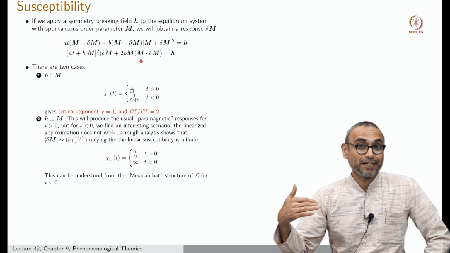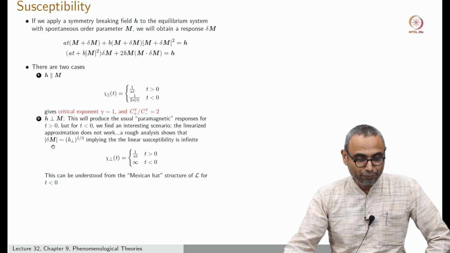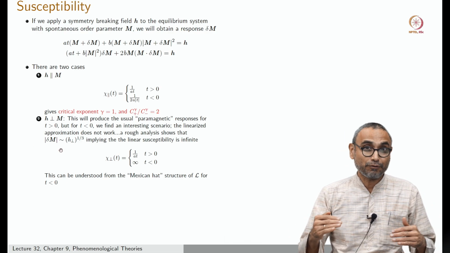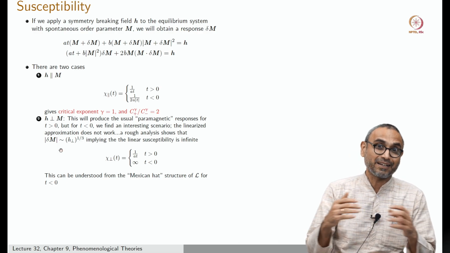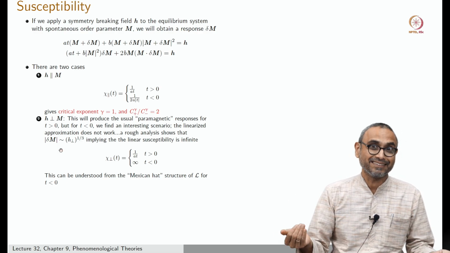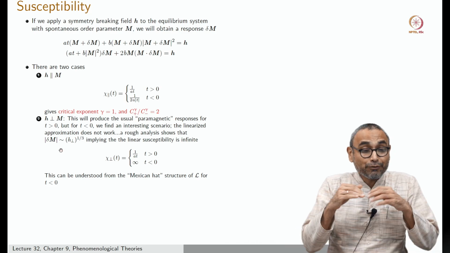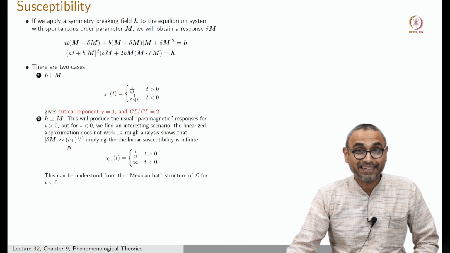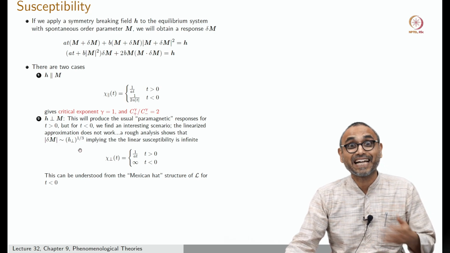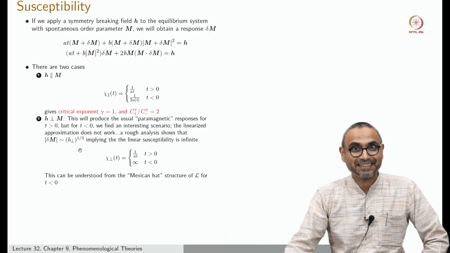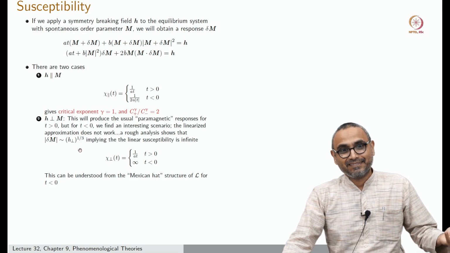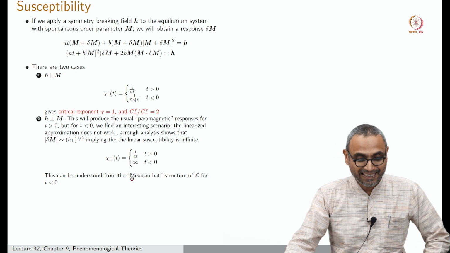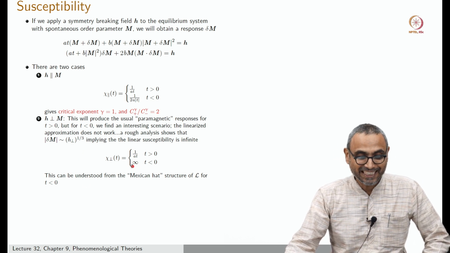So you have to keep the nonlinear terms as well, and then you will find that delta m is proportional to the perpendicular magnetic field to the power 1/3. If you simply take the susceptibility, which is the derivative of delta m by h, you will see that it will diverge in the zero field limit.